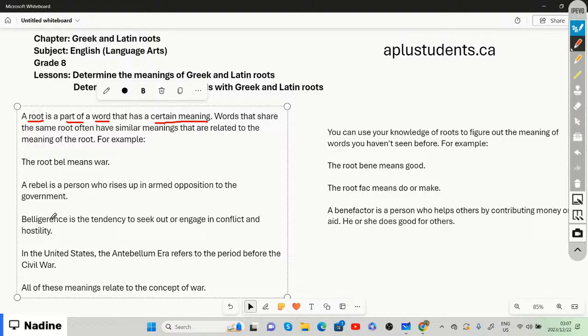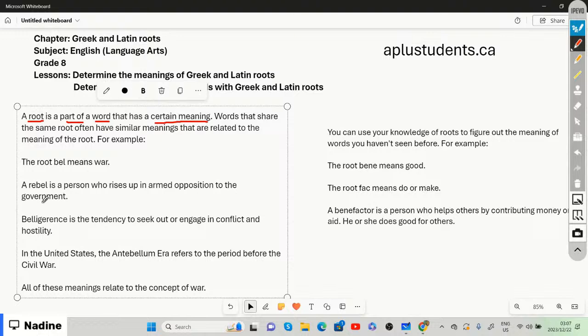And words that share the same root often have similar meanings that are related to the meaning of the root. So once again, a root is a part of a word that has a certain meaning, and words that share the same root often have similar meanings related to the meaning of the root.